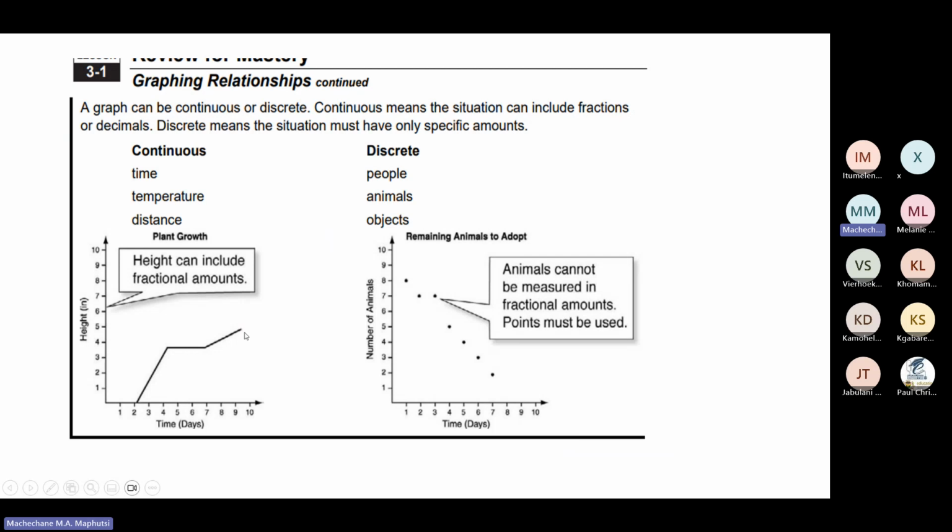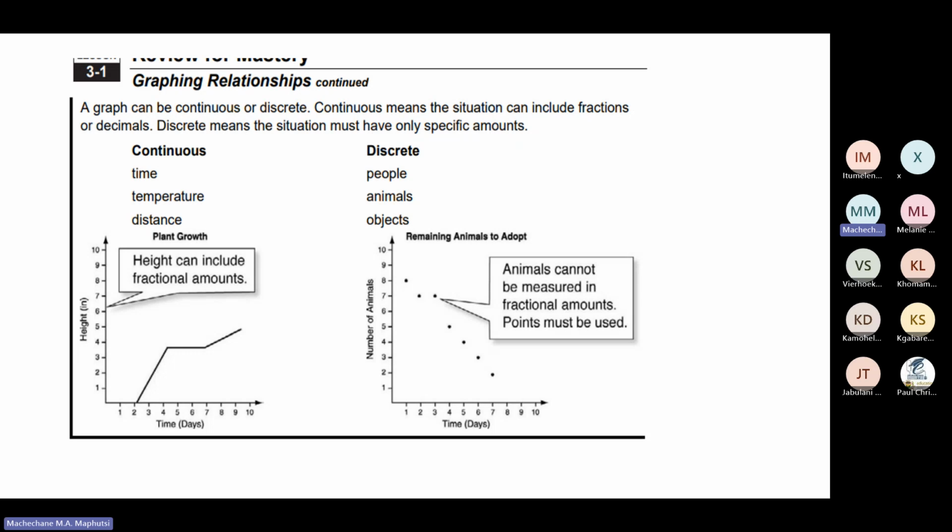It represents a continuous graph. But when you look at your right-hand side, you can see some dots. That one is a discrete graph. Discrete simply means that data can be counted. So counted data can only be whole numbers.